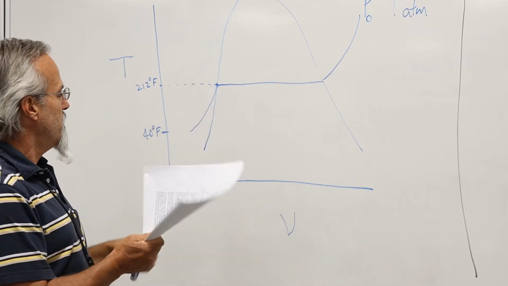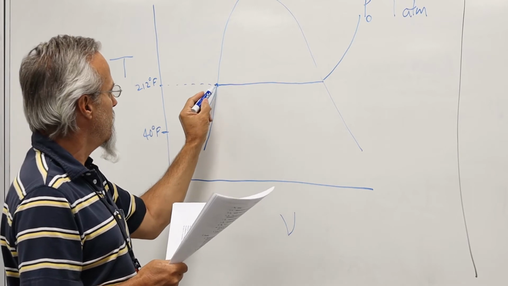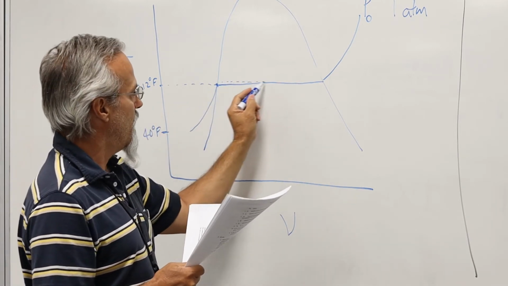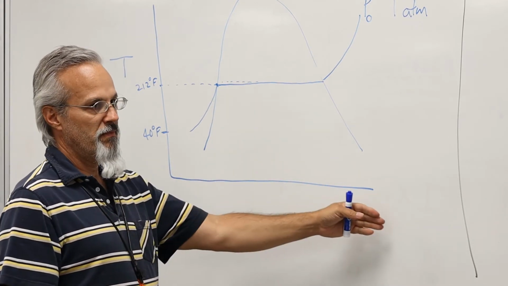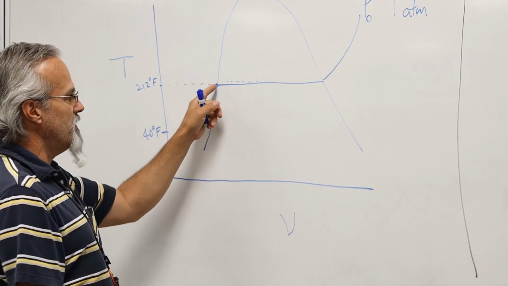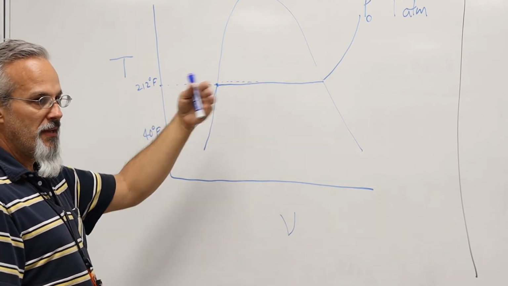So at this point, if I continue to add heat, I'm going to follow along this line right here. So you'll see that this is now constant temperature, but the volume of my system is going to continue to get bigger. So what's happening here is I'm boiling, right? Now steam bubbles are being generated.